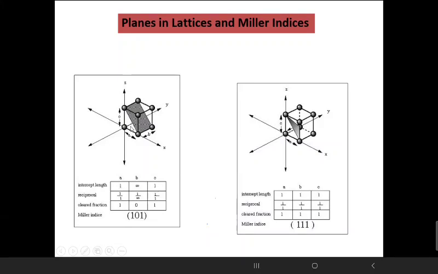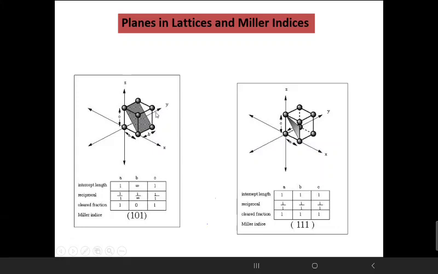Look at the B axis, the Y axis. This plane does not cut at any point in the Y axis. If you see such a situation, you have to apply infinity, because it does not cut at any point in the Y axis.